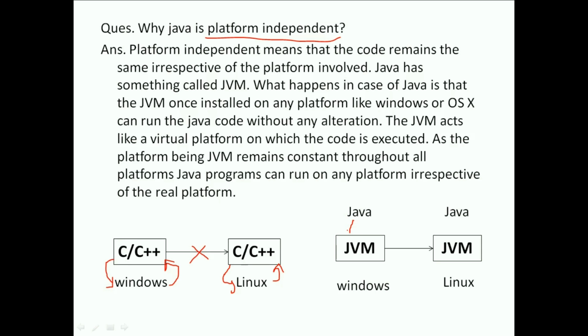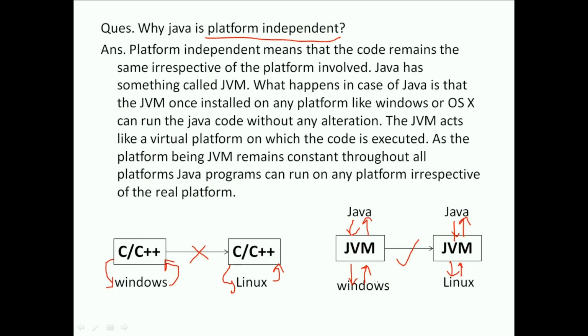But in Java, it has another layer which is called the JVM. A program written in Java on Windows and a program written on Linux can both be run on any platform, in any operating system, as they are platform independent.